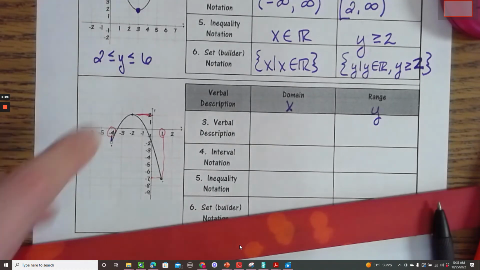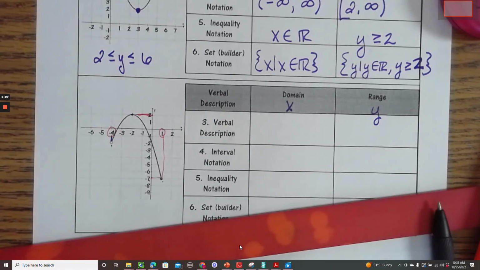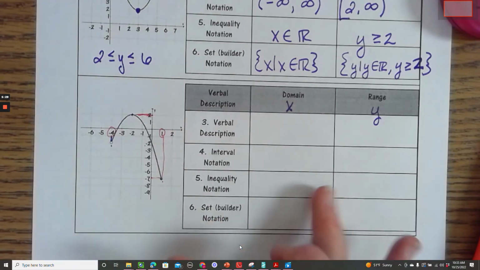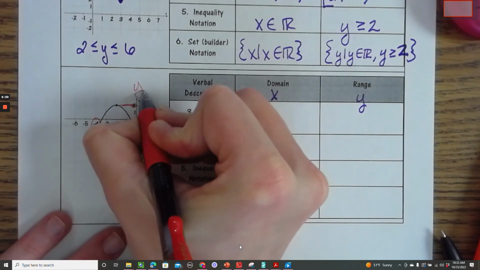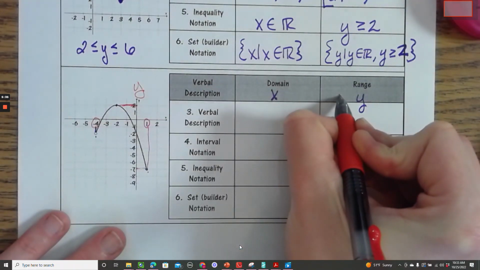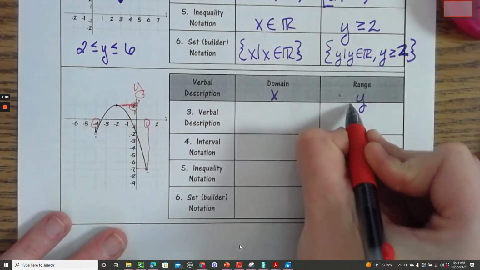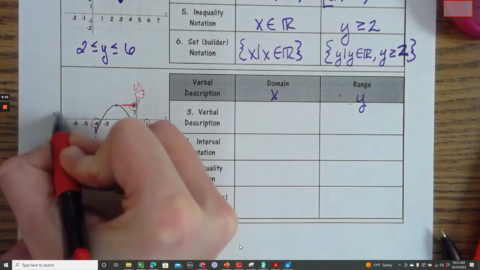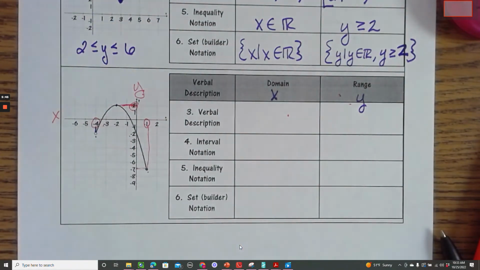That kind of helps avoid just picking the two dots that are given, instead of actually picking the highest and the lowest. Okay? So this is the y-axis. If the number is on this axis, it's a range. This is your x. If it's a number on this, it has to do with your domain. Okay?